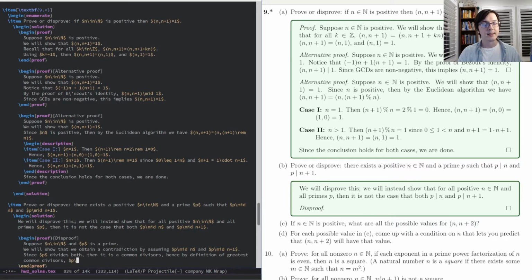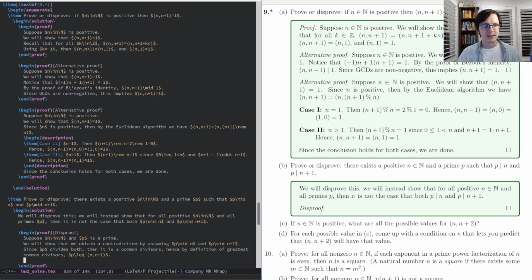p is less than or equal to n plus 1. By part A, we saw that n plus 1, I forgot the word positive, not that it matters, we saw that that's 1.